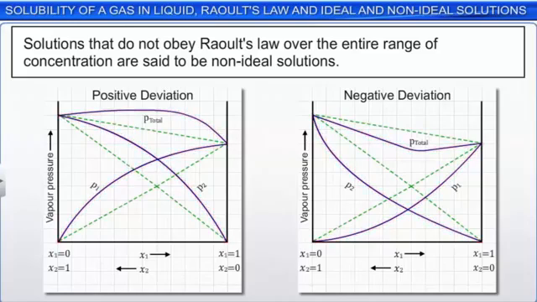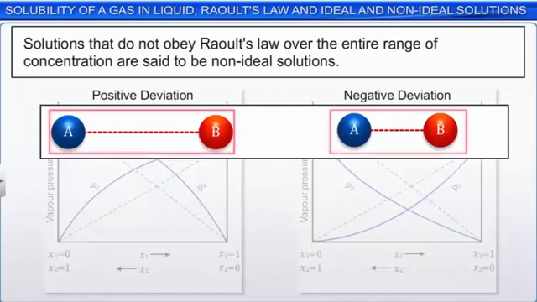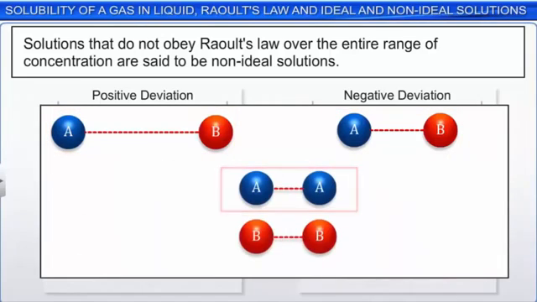The reasons for the deviation are the intermolecular interactions at the molecular level. For a non-ideal solution, the magnitude of A-B interactions is not the same as the magnitude of A-A and B-B interactions.